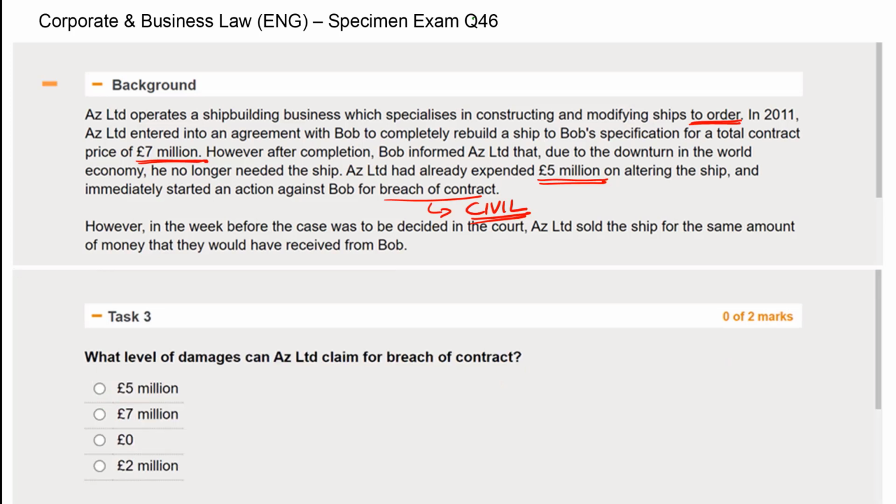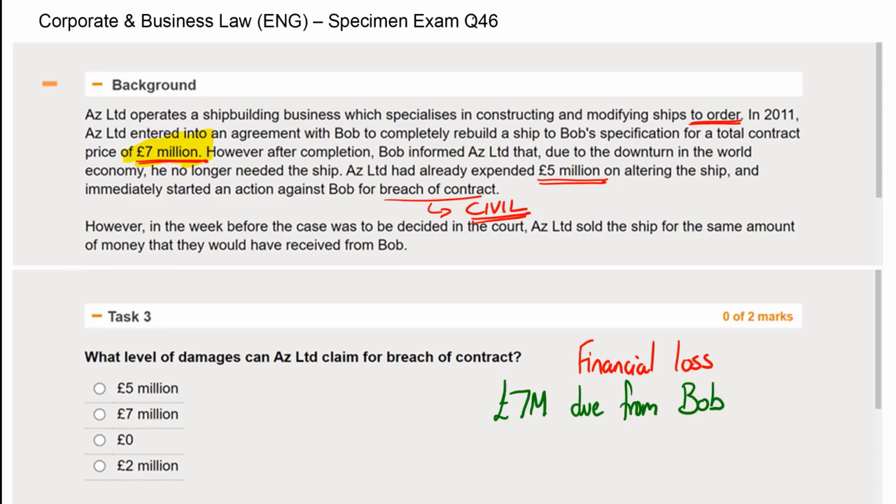The third and final task for this question: what level of damages can AZ claim for breach of contract? Well, remember from task 1, we said that they can claim for their actual financial loss. So if the contract had been properly performed, they would have received £7 million from Bob.